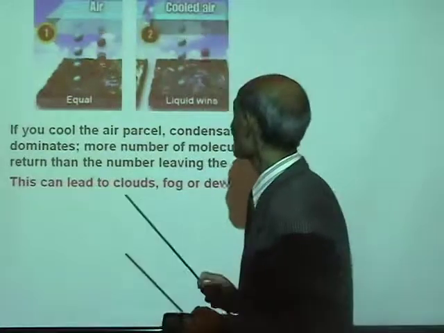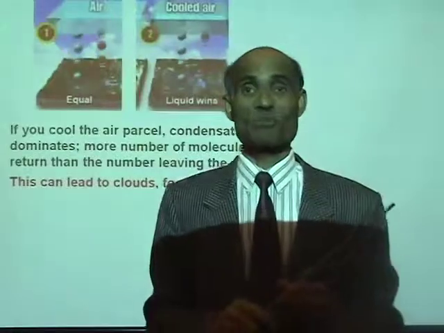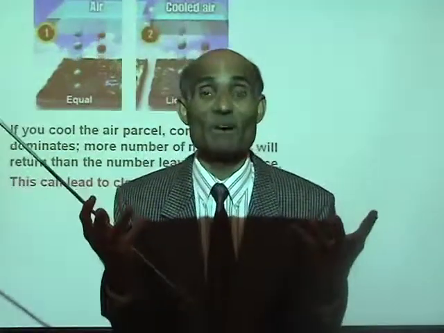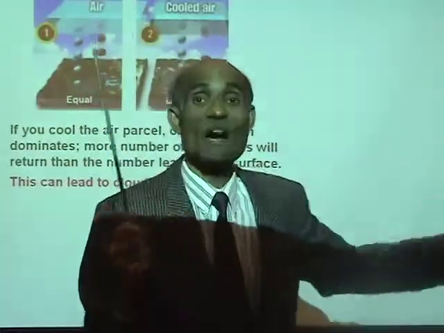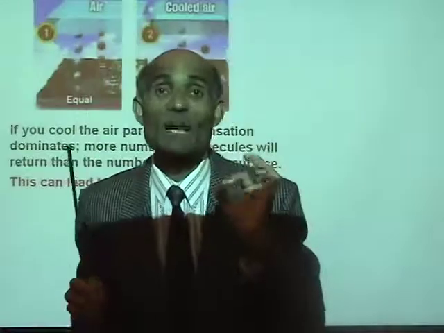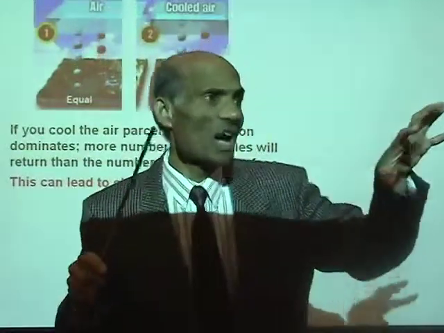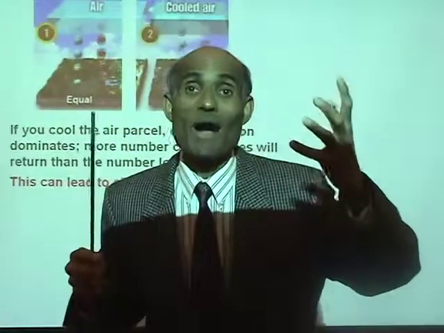Now, this is the reason why clouds are formed. For example, in this room, there is a certain amount of water vapor. If I can cool this room down by turning down the AC, a time will come when I will see the glass windows begin to fog. Why?